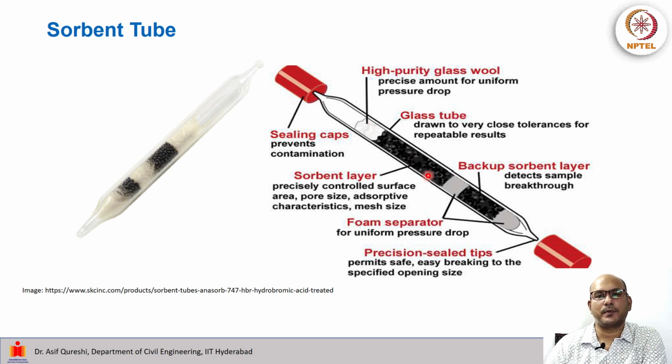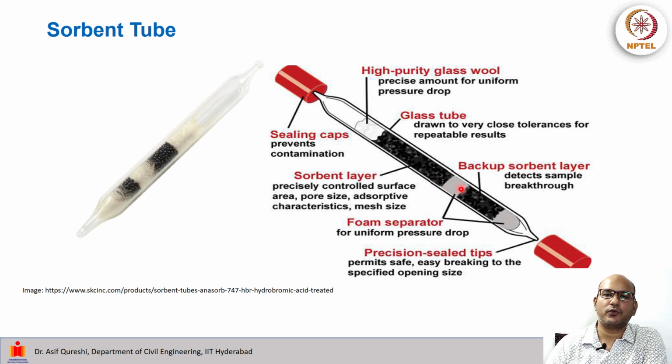Then we have the sorbent layer, which has a precisely known surface area, pore size, adsorptive characteristics, and mesh size, because we want to adsorb certain compounds, so we need certain adsorptive characteristics. The air comes and the VOC is supposed to be trapped here.